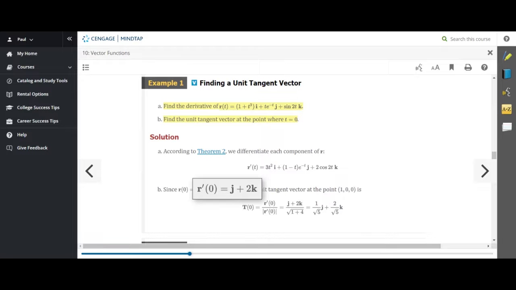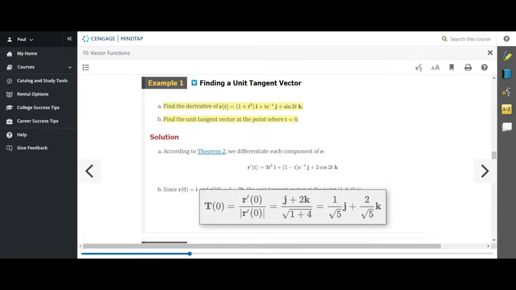So the unit tangent vector is just r prime of 0 divided by the length of r prime of 0. And that gets you 1 over square root of 5 times the vector j plus 2 over square root of 5 times the vector k. It's that simple, really. Are there any questions on example 1?